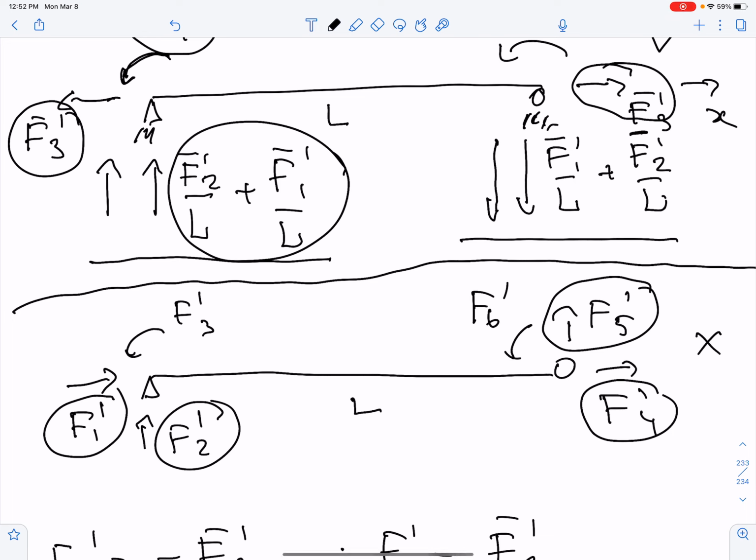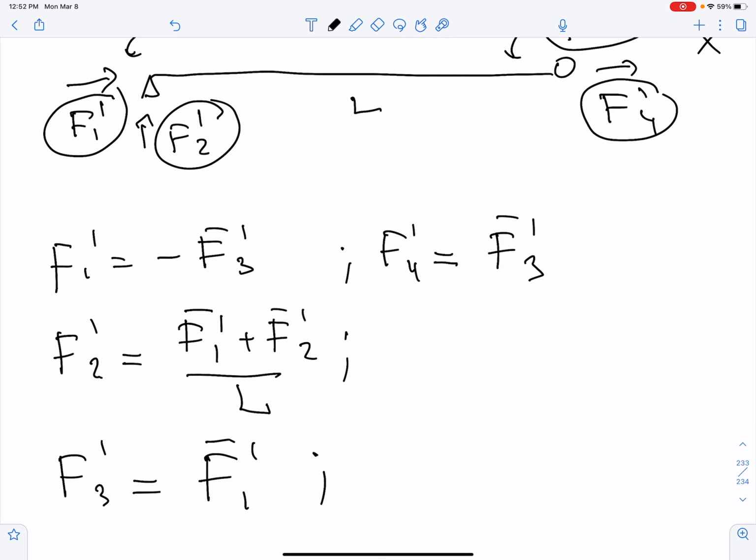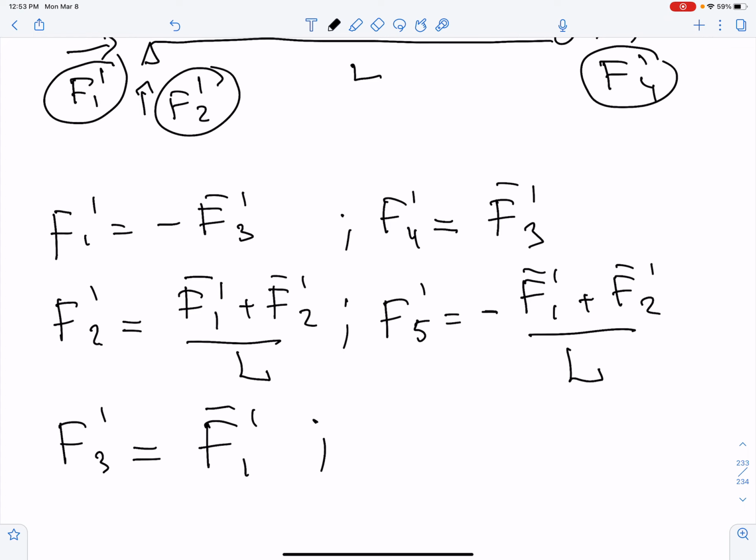F'5 is that guy pointing down, so you get a negative sign, equals minus F̄'1 plus F̄'2 divided by L, and then F'6 becomes F̄'2.